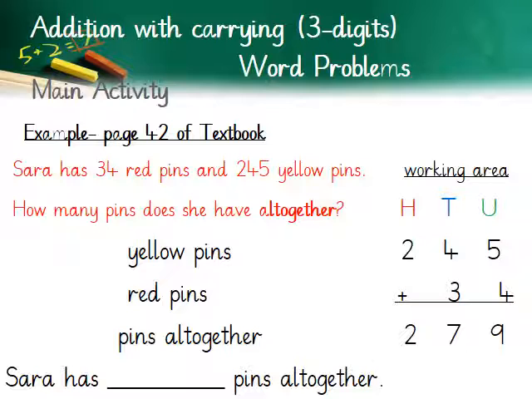Yellow pins are 245, red pins are 34, and altogether you will make a sum on the very right side of your notebook. That's the working area, and at the end, after adding up the given sum, you will write down the answering statement at the end of the given question. And there are 279 pins altogether.